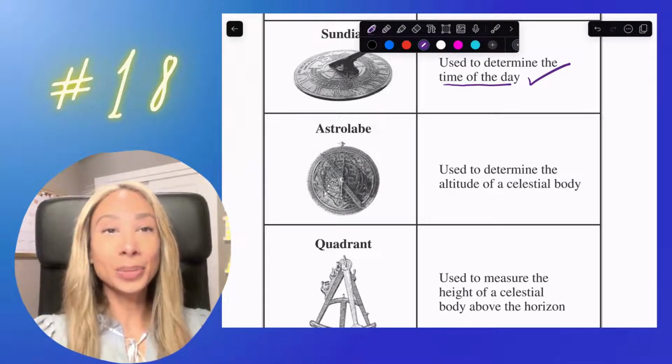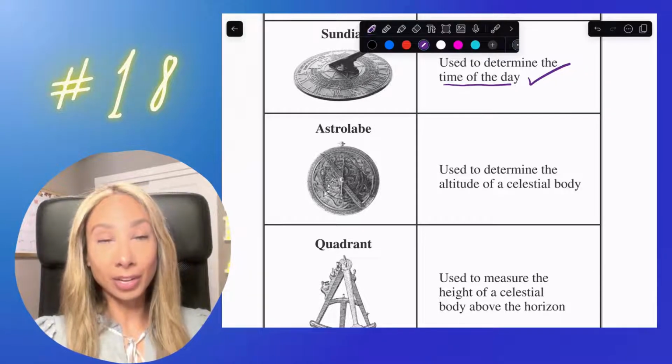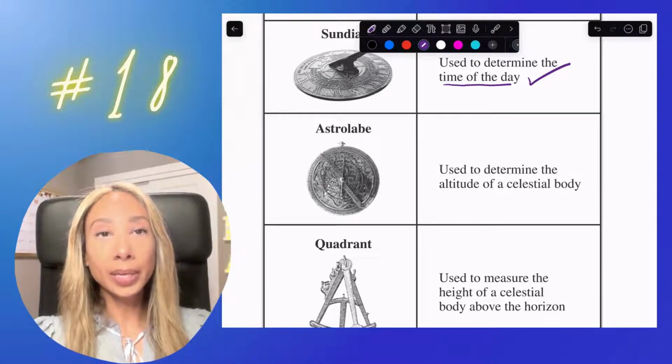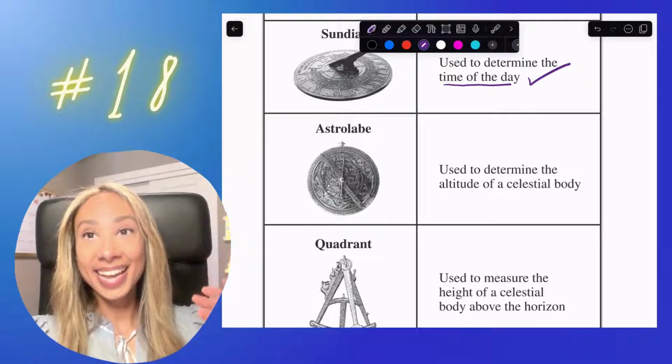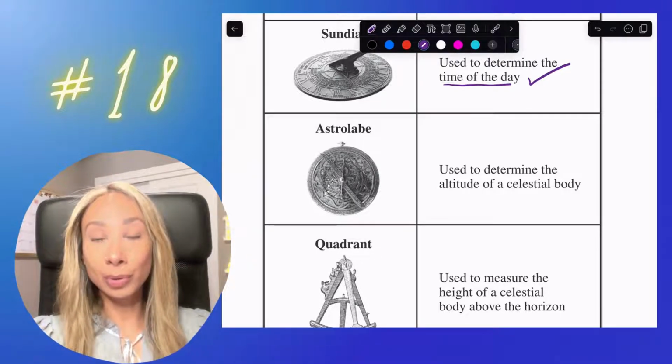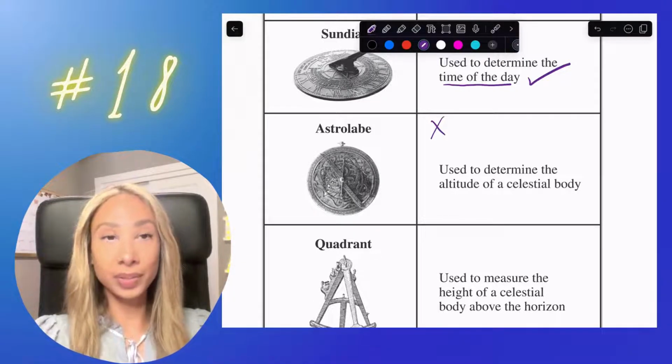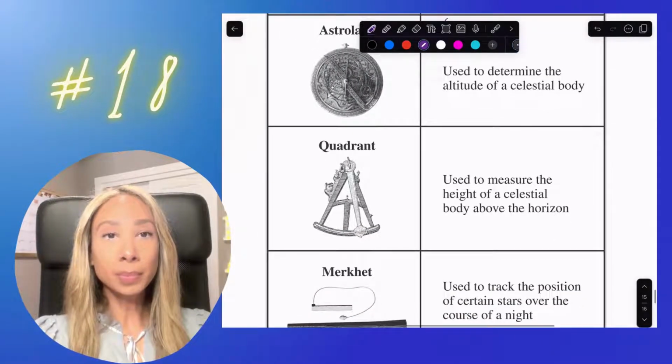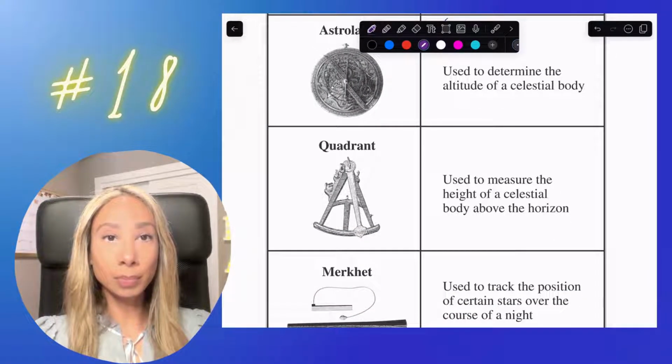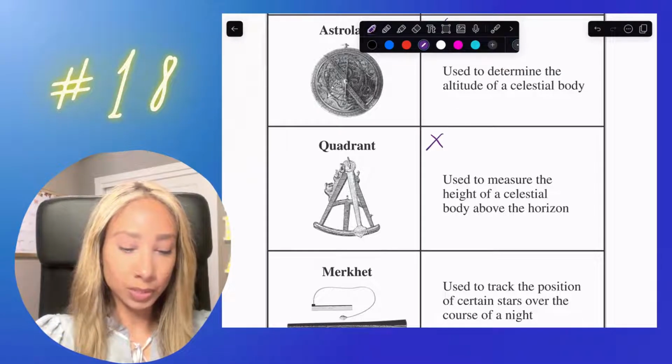All right, so our second instrument is talking about the altitude of a celestial body, but that's really how high the celestial body is in the sky, not really dependent on the rotation of us, so that one might not work for this question. Our third instrument is used to measure the height of a celestial body. Again, same idea as that previous one before.